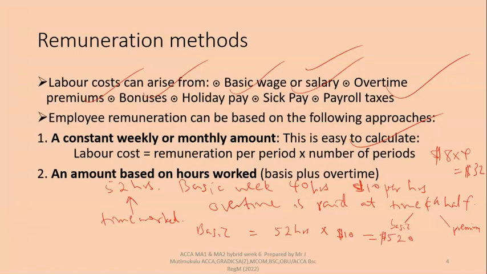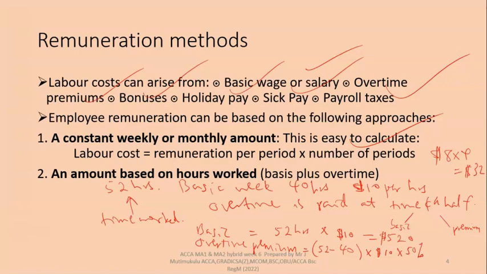Then the overtime premium. It's going to be based on the extra hours. So that's 52 minus 40 hours, because a normal week has got 40 hours, multiplied by $10 per hour, multiplied by 50%, because we said that the premium is the half, the extra from the time.